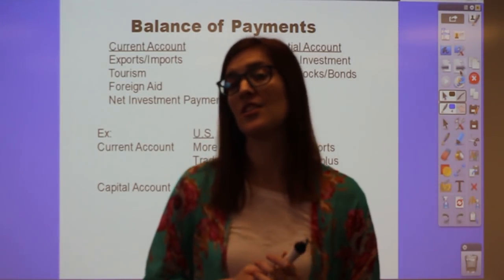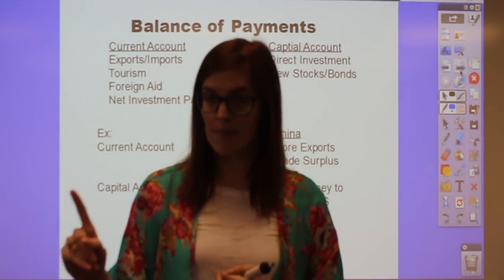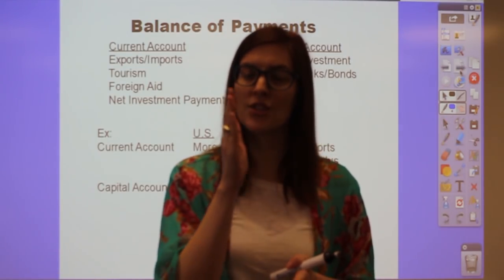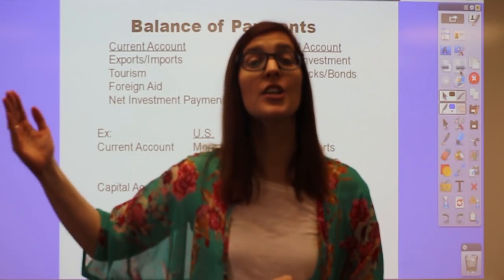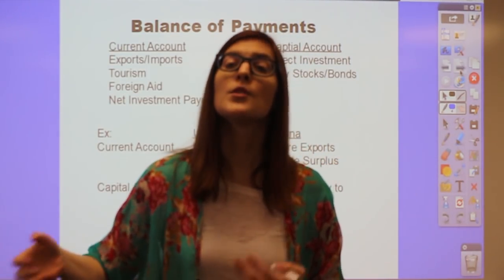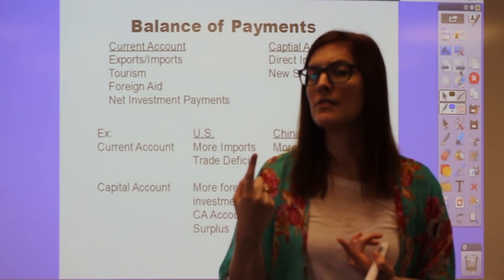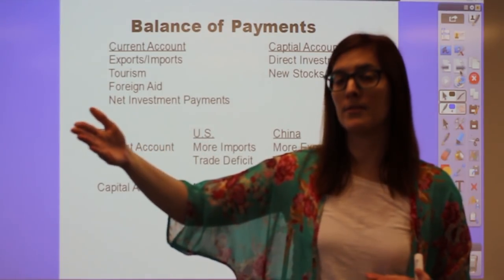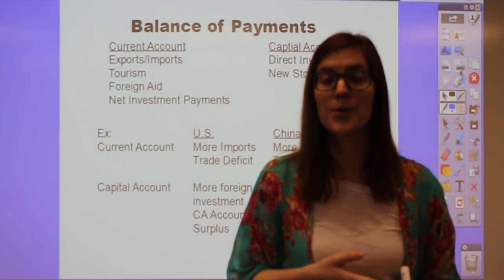The types of transactions that we look at are defined by 2 accounts, the current and the capital account. Current account looks at immediate transactions in other countries. So for example, I am buying a good and receiving a good from another country. So exports and imports would count under current account, which includes some physical capital. For example, if I bought a robot from China, China ships me that robot and the money comes back to America.